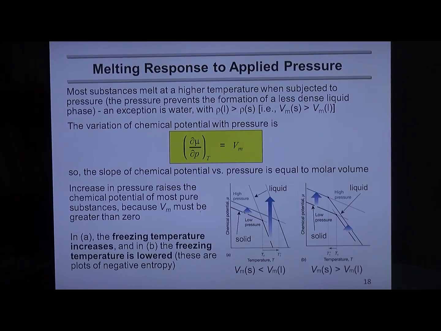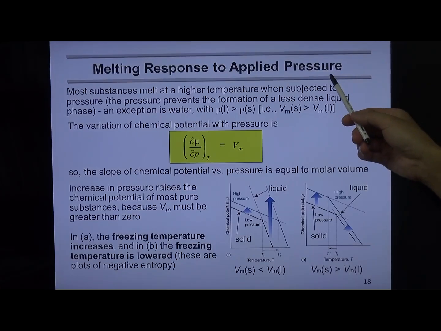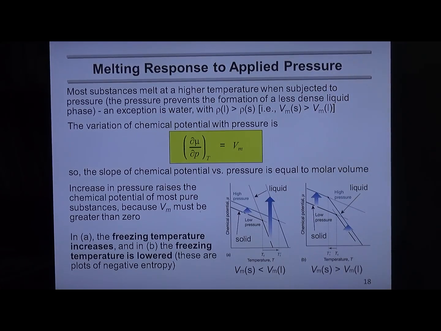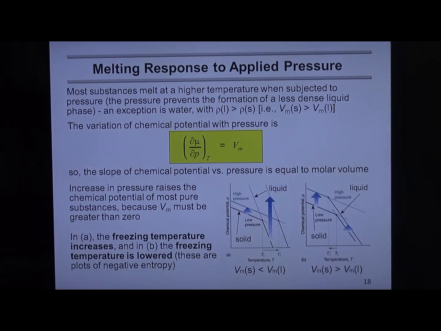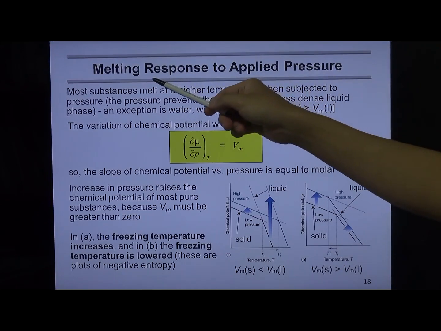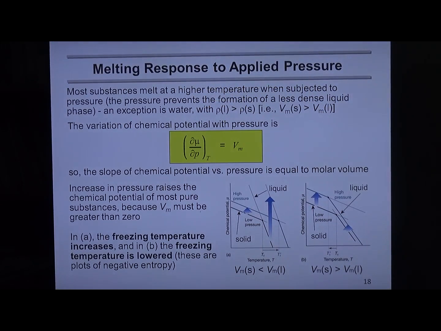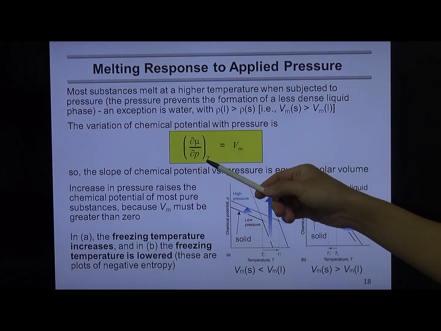Now let's consider the change of equilibrium upon changed pressure. First, we'll consider melting response to applied pressure. If you apply pressure, would the melting point increase, decrease, or remain the same? Let's first consider how chemical potential changes as a function of pressure.